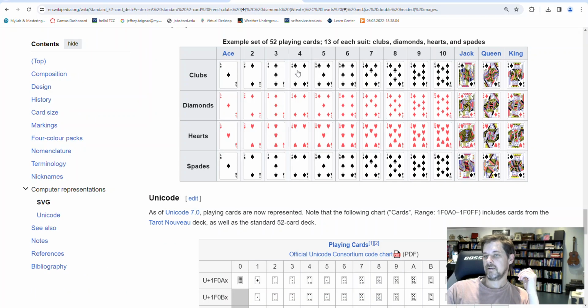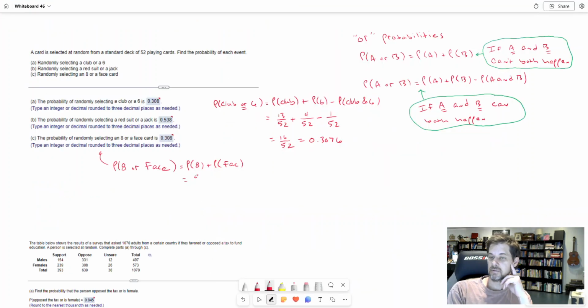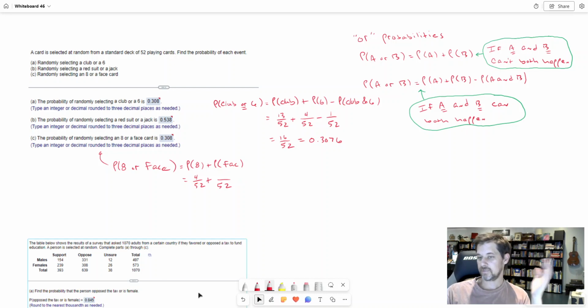So what are the odds of drawing an 8? There's 4 8s in the whole deck, one of each suit, out of 52 cards total. So that's going to be 4 out of 52. And then for the probability of face cards, again, that's going to be something out of 52. I just have to figure out how many face cards there are.